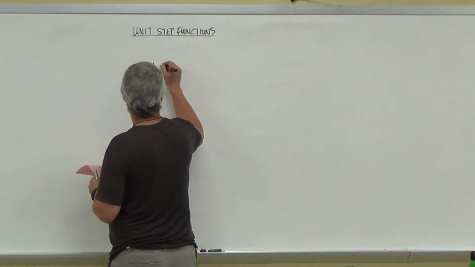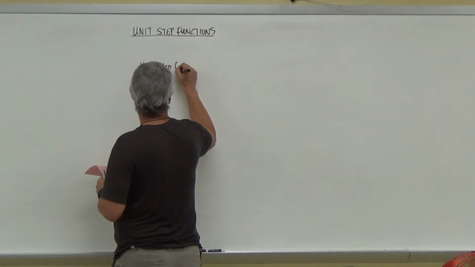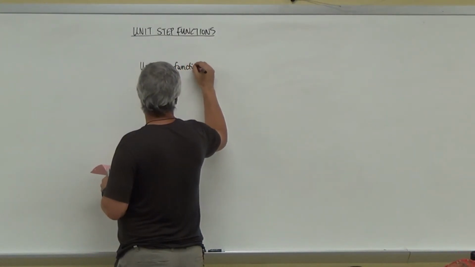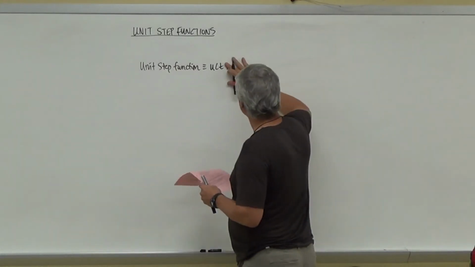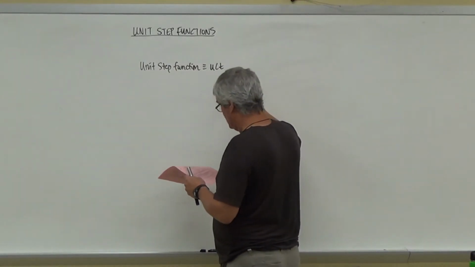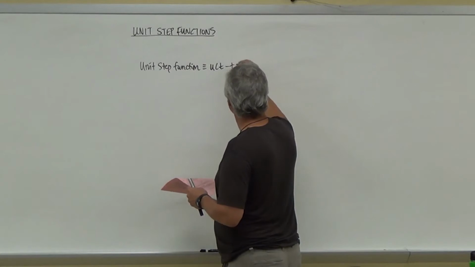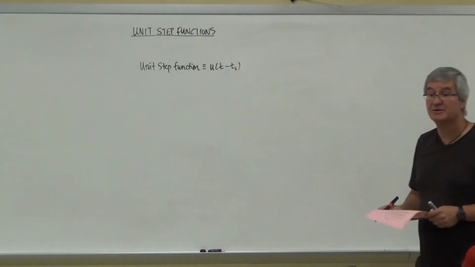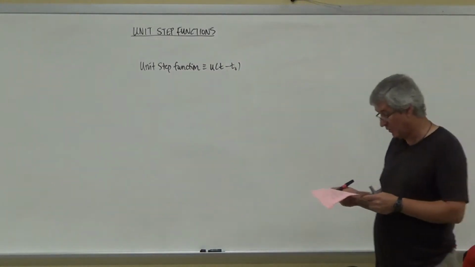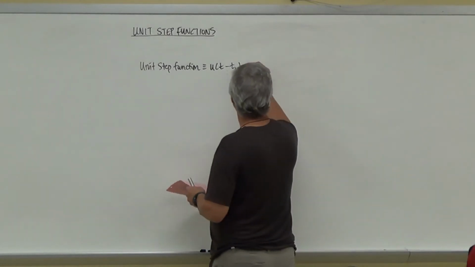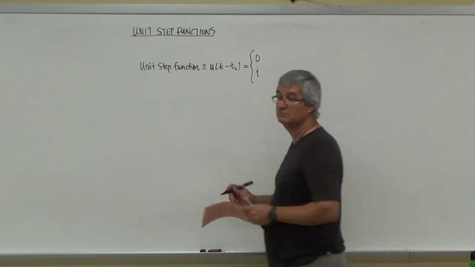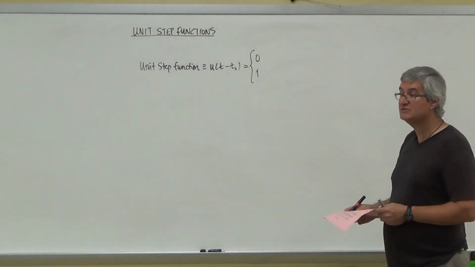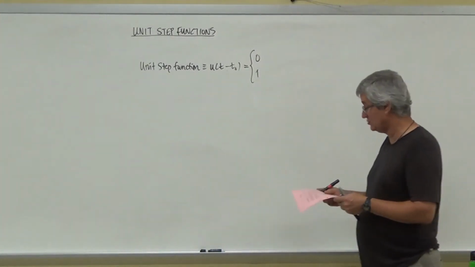So if I have a unit step function, they typically define it with the symbol u(t). Actually, I should subtract t naught from it. So we're typically talking about some time relative to some time. Now, t naught could be 0, but this function is either 0 or 1, and what it does is it really replaces a switch.